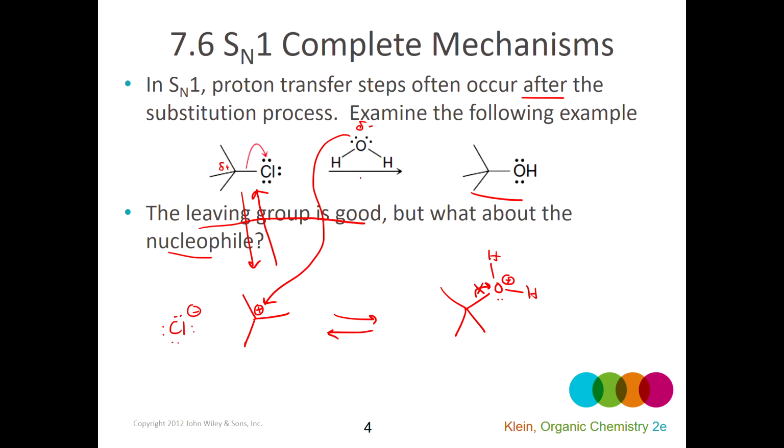So I need another water molecule. In this case, I would need that water molecule to act as a base to pick off a proton so that these electrons can stay behind here and balance out the charge of that oxygen. So that water would then also become H3O plus.